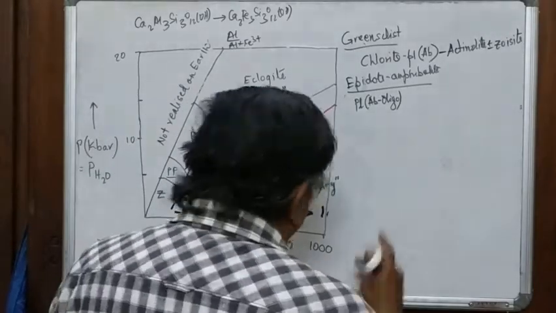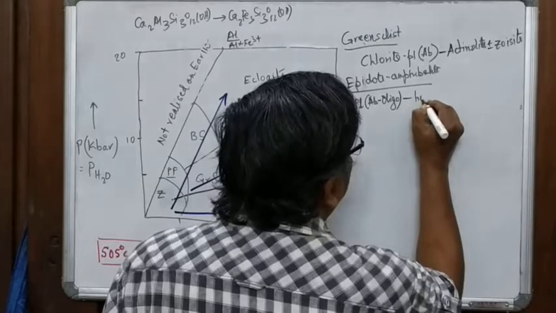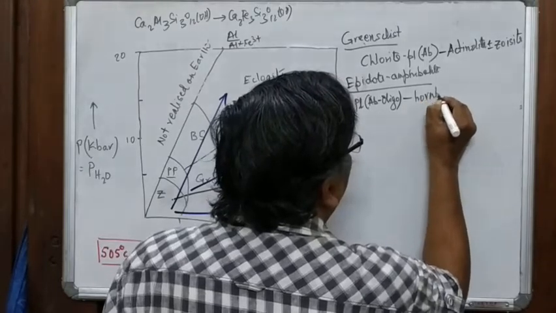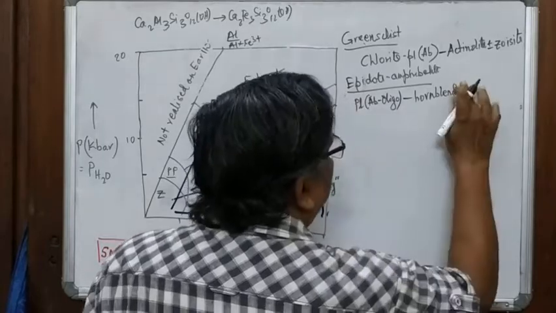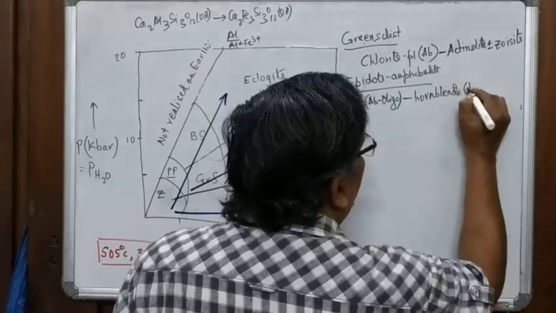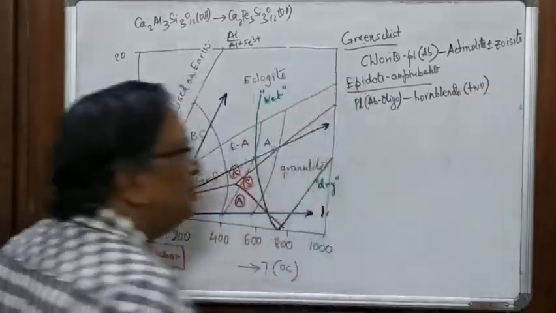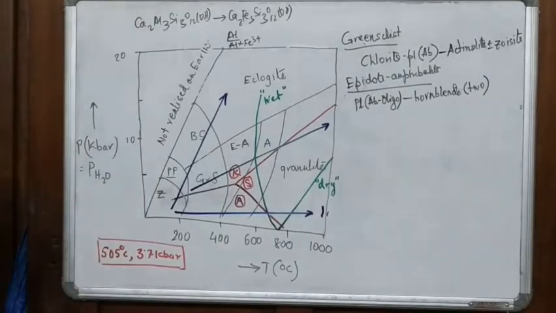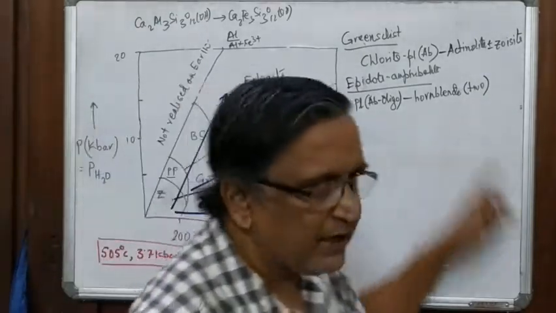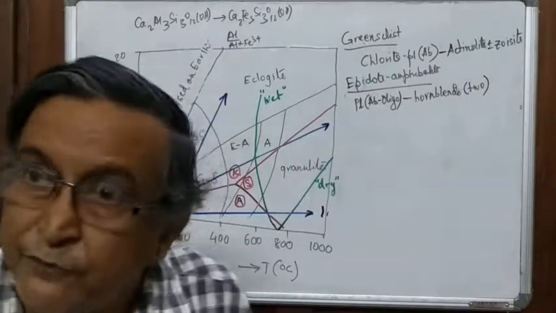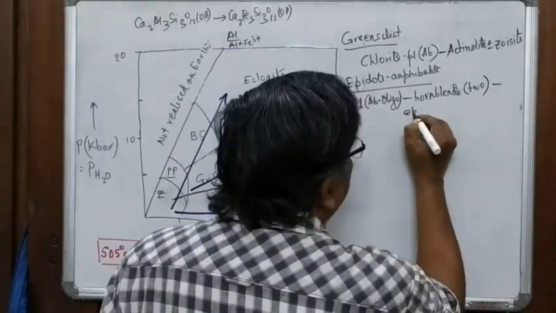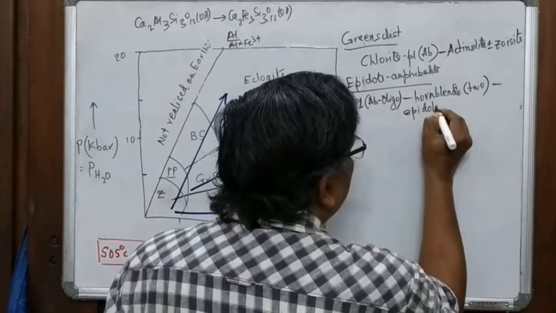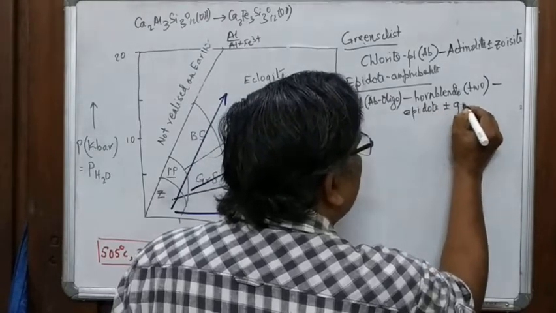And then you have hornblende, and sometimes you have two hornblendes, plagioclase and hornblende. And then, as the name implies, you have epidote plus minus garnet.